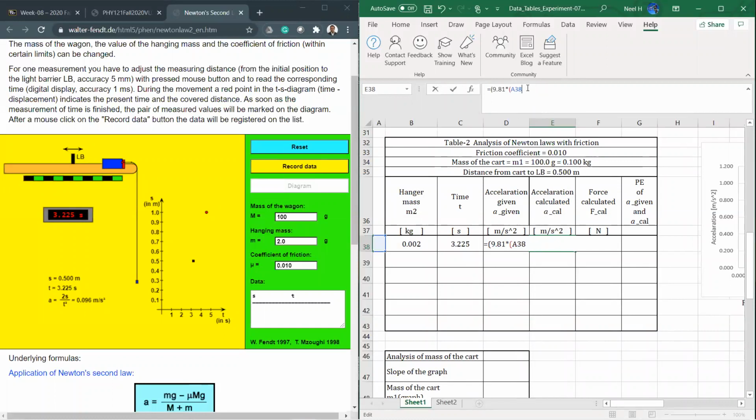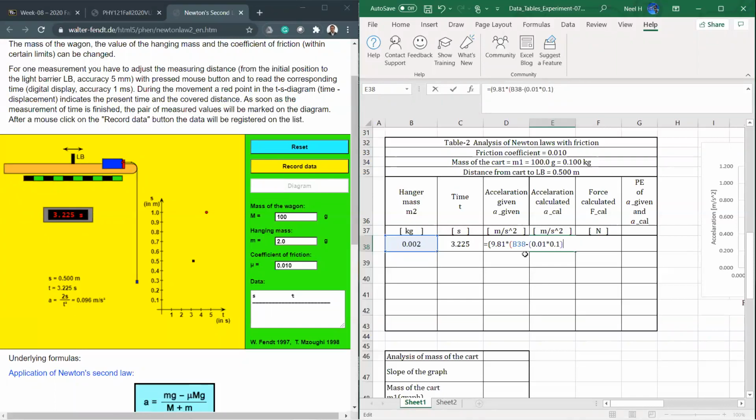Okay, m2 is cell B38, minus parentheses, mu is 0.01 multiplied by m1, which is 0.1.